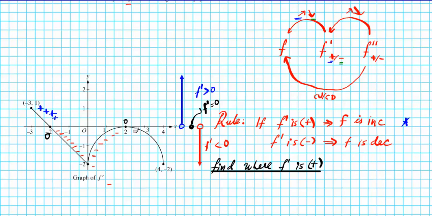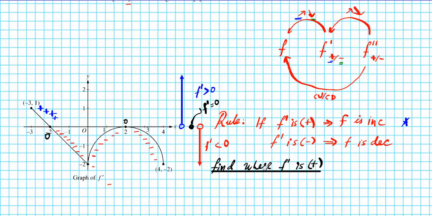And then it goes back to negative again. So just to talk about the behavior of f using these signs, f is increasing here, and it starts to decrease, and then is neither increasing nor decreasing here, and then it goes back to decreasing again. So that's basically what's going on.